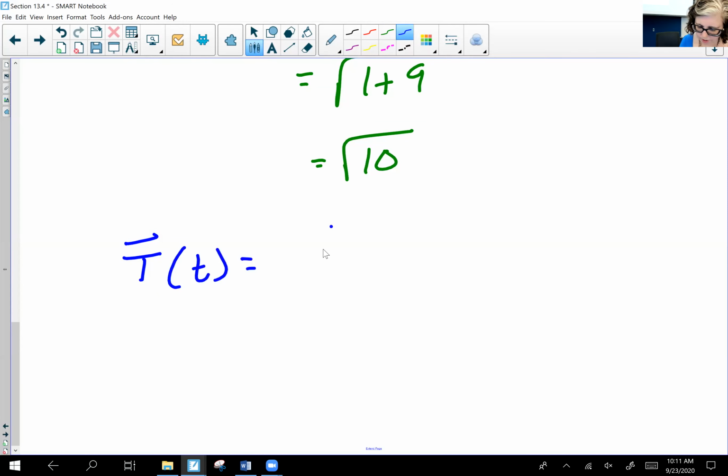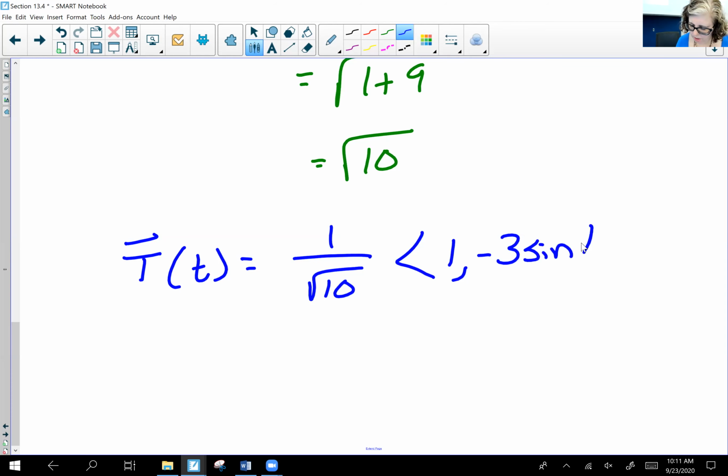It's equal to 1 over the square root of 10 times the vector 1, -3 sine of t, positive 3 cosine t. Now that 1 over the square root of 10, that's just going to hang out there.